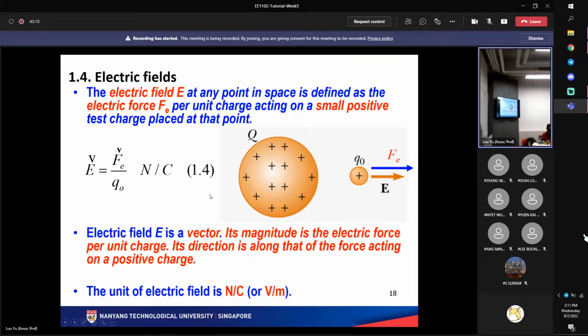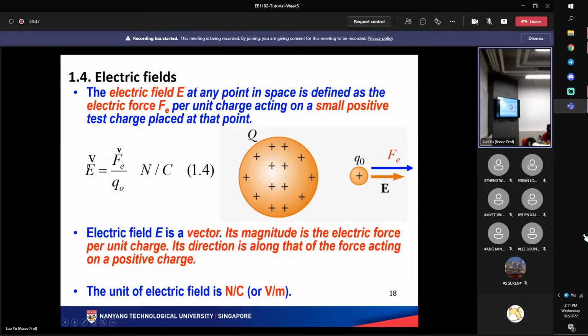Now let's look at how to define the electric field mathematically. The electric field is defined as the electric force exerted per unit charge on a small positive test charge.